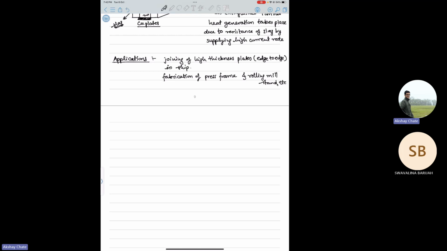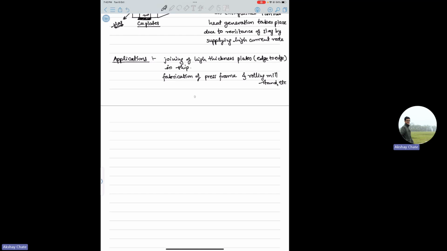Apart from the discussion done in class, this refresher on your basics is also important, because otherwise we may discuss high-level things about welding, but you don't even remember what is TIG, what is MIG. Then it's difficult.